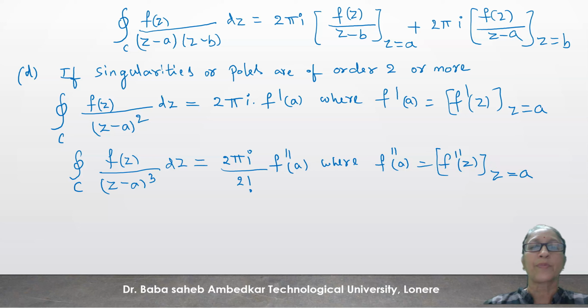Now, if this power is 4, then you get 2 pi i by 3 factorial into f triple dash of a, and so on.